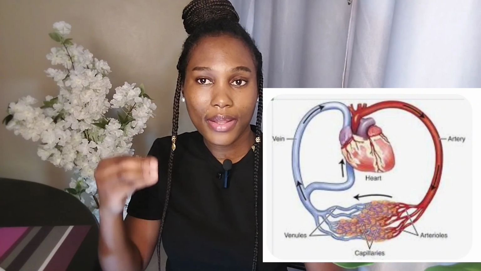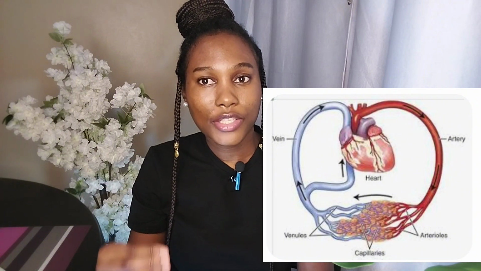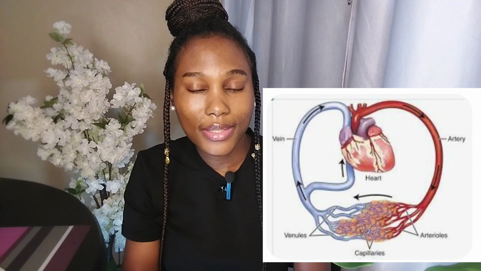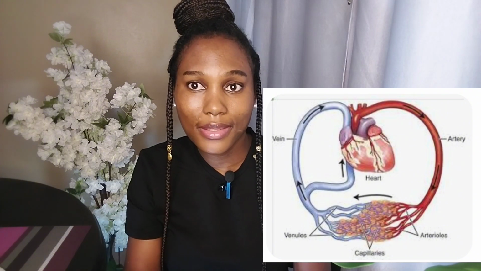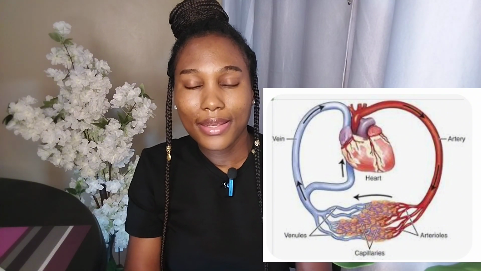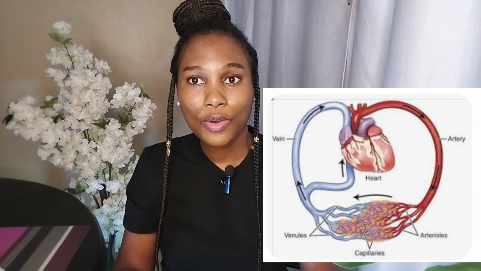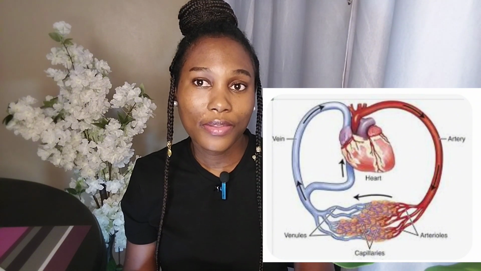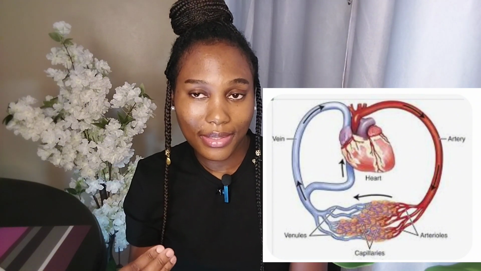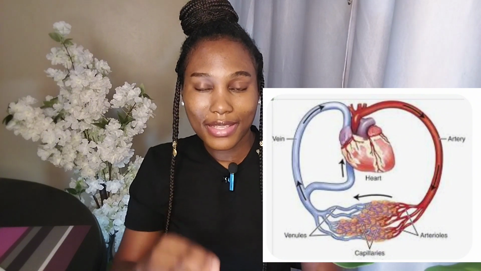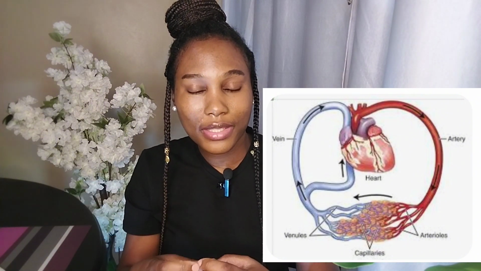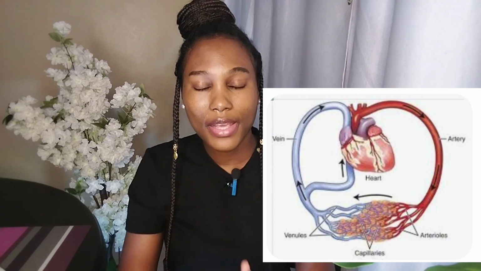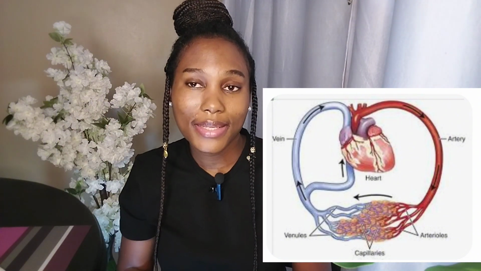For example, the blood gives up its oxygen and the nutrients to the tissues, to the cells, and the tissues and the cells also give carbon dioxide and also the waste products that have been produced during their activities. So they give them up into the blood.